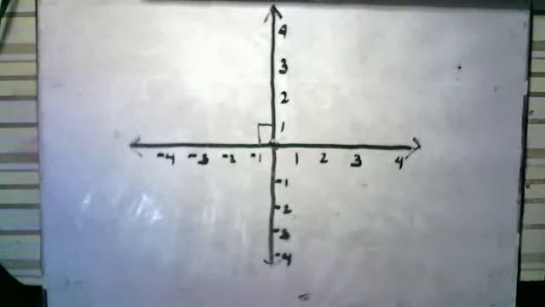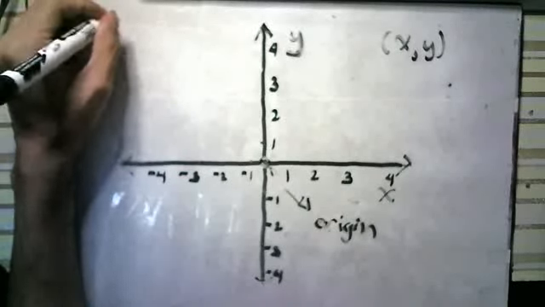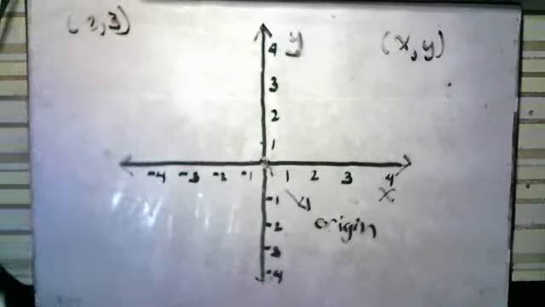Okay, in the Cartesian plane, or our rectangular coordinate system, we have an ordered pair, and that will be your x and y. The ordered pair determines the exact location of a certain point in our rectangular coordinate system. For example, we need to locate 2 and 3. How do we find 2 and 3?